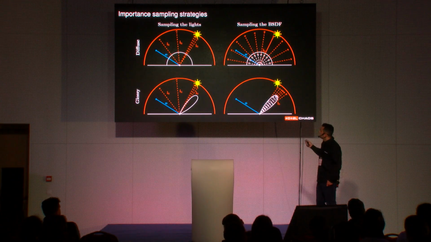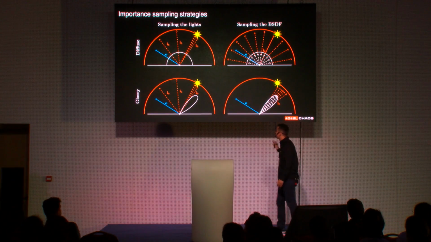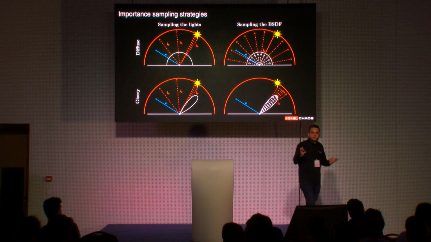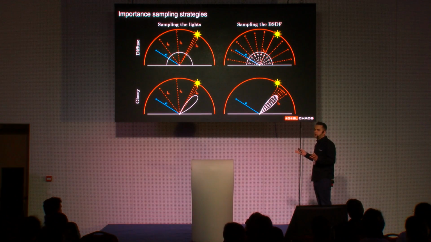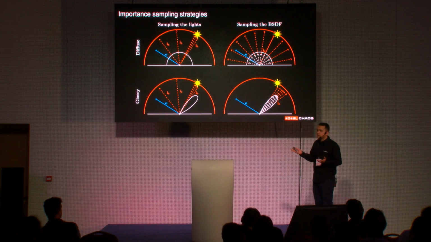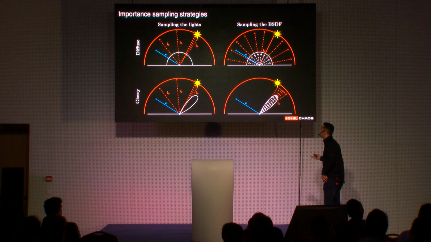On the other side, there is the right column. This is the strategy of the material. The BRDF tries to generate more rays where the BRDF is high.